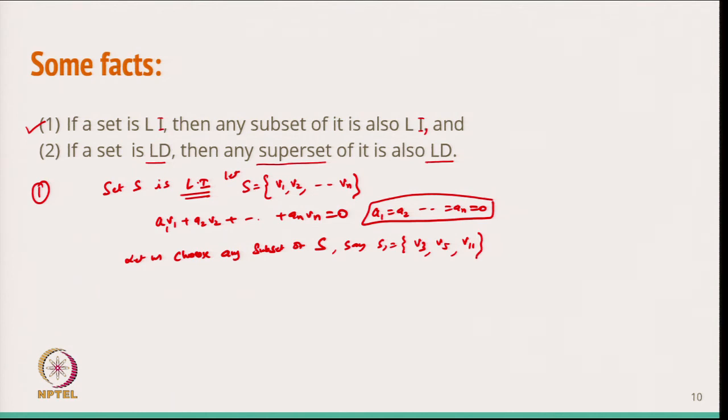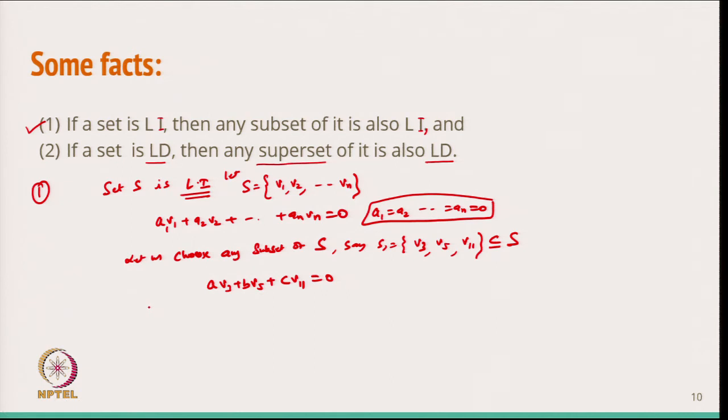Then I want to check what is going to happen in this case. I can write A V3 plus B V5 plus C V11, and I put this equal to zero, a linear combination like this one. Now, these elements are coming from S, so this is a subset of S, and S is itself linearly independent.